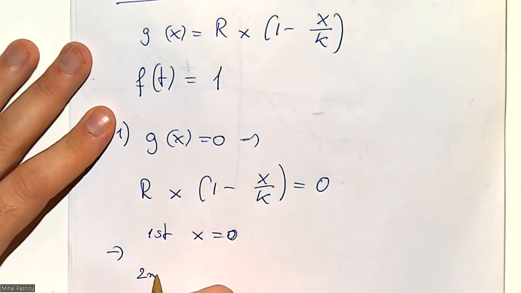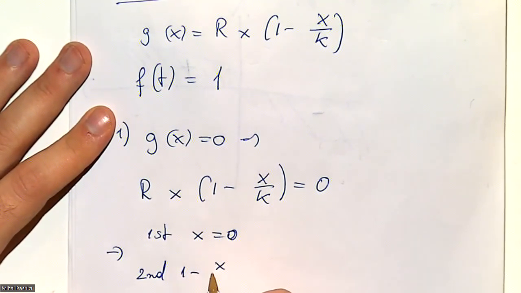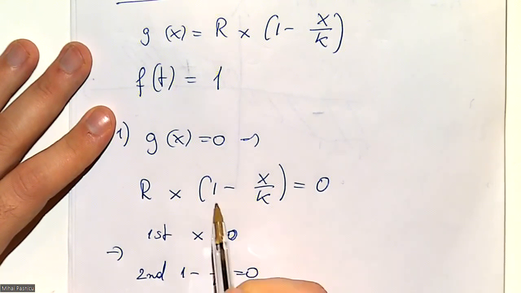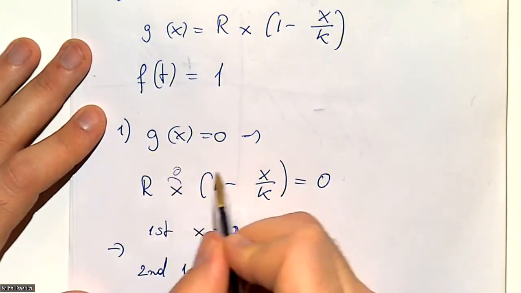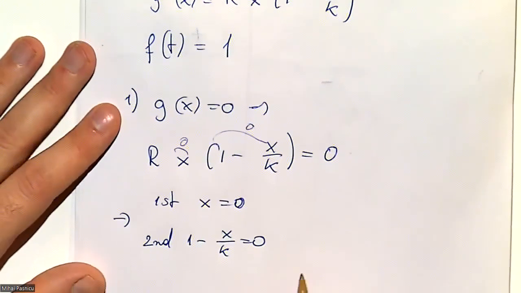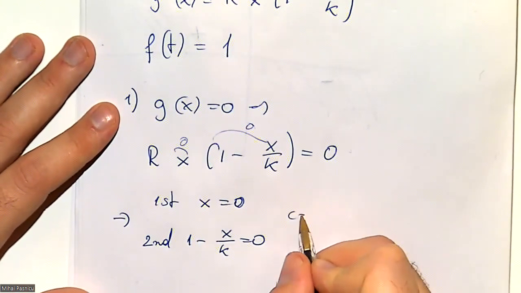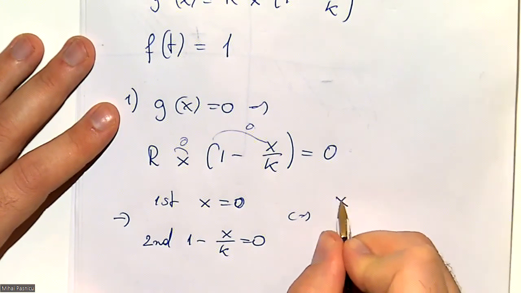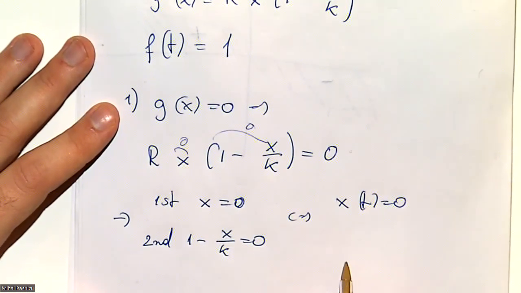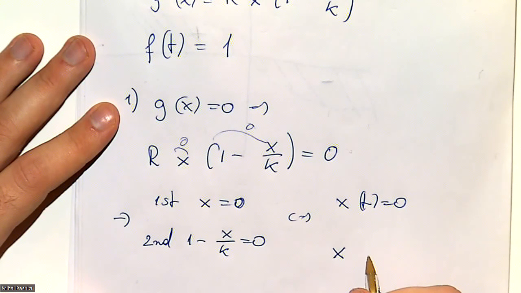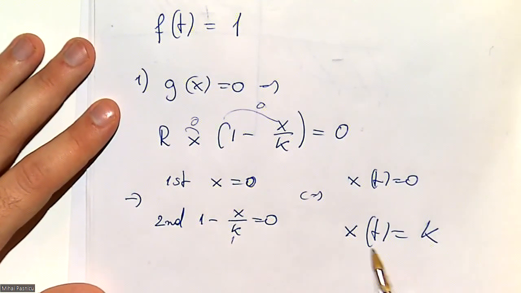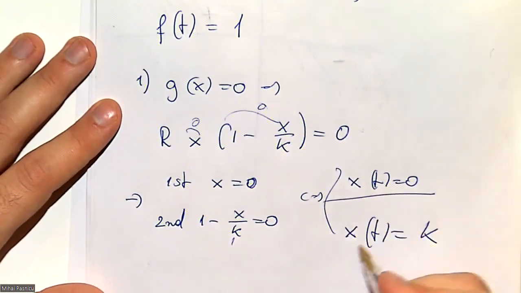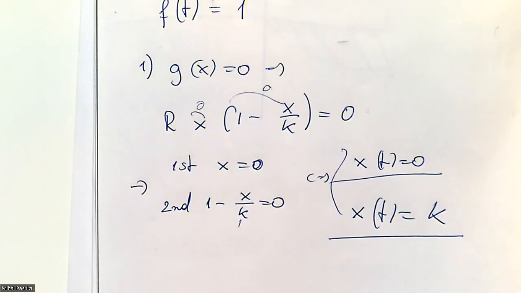And then second is 1 minus x over k is equal to 0. Like if the product of 2 numbers is 0, then either this is 0 or this is 0. That's basically what I'm saying here. So this is equivalent to saying x of t is equal to 0, and then x of t is equal to k. Okay, if it's k here, this is 1 minus 1 is 0. So I got 2 solutions in this case.